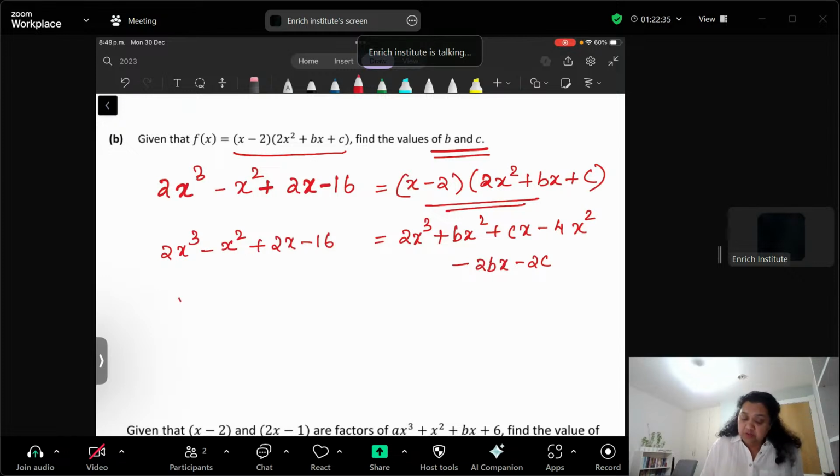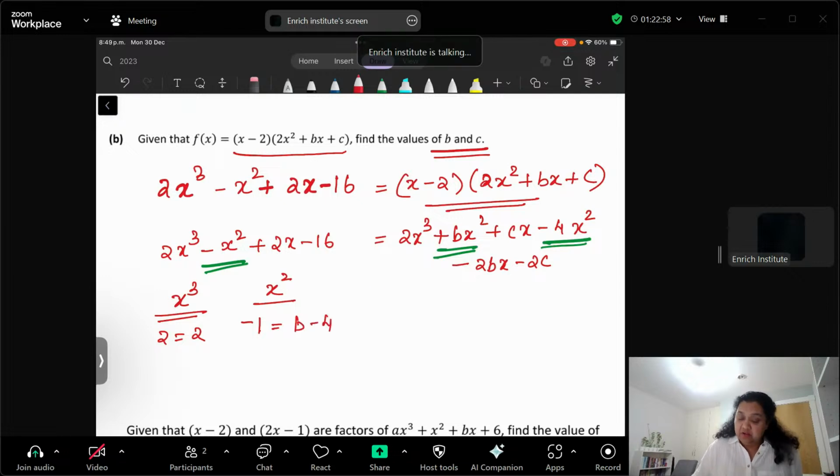Both the terms of x cubed. I equate the terms of x cubed, which is 2 is equal to 2, which doesn't help us. Then x squared will be minus 1 is equal to, so the x squared term is here on the left hand side; here you have this and this. So I will write that as minus 1 is equal to b minus 4.